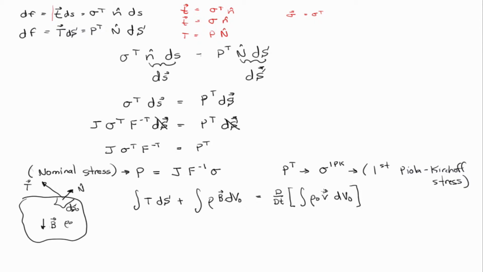This is the total linear momentum in the reference configuration. We're going to take the time derivative now. So the sum of the forces is equal to the change in linear momentum. Let's use the divergence theorem on this.